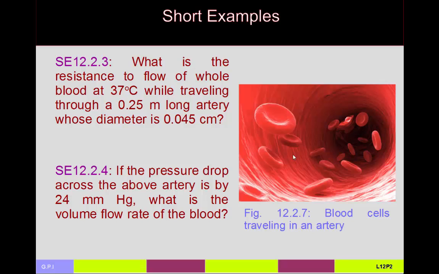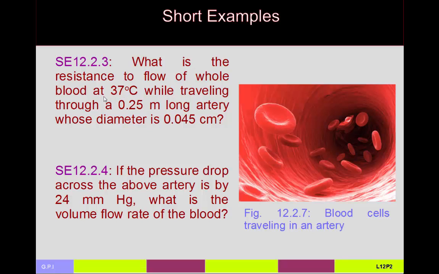So let's look at a couple examples of actual volume flow rate and also resistance to flow for blood as it travels through an artery.